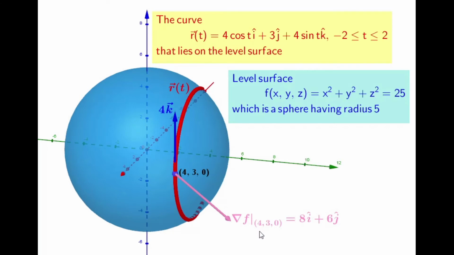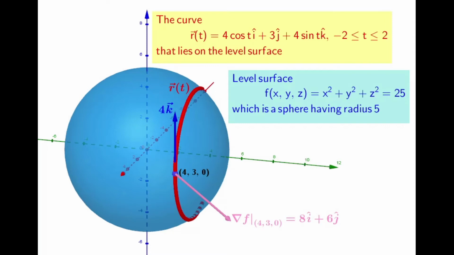That is, grad f at the point (4, 3, 0) is the vector 8i plus 6j. This shows that the velocity vector dr by dt is equal to 4k is orthogonal to or perpendicular to the gradient vector 8i plus 6j. This velocity vector 4k is the velocity vector at the point (4, 3, 0) corresponding to the curve r of t.